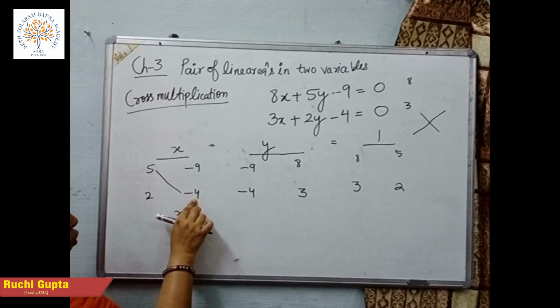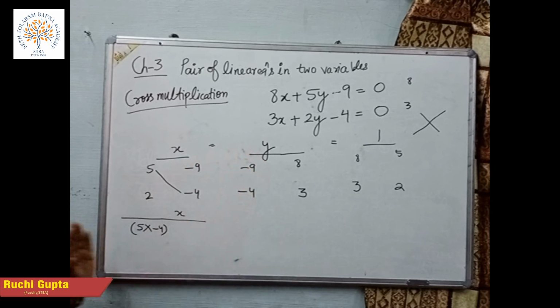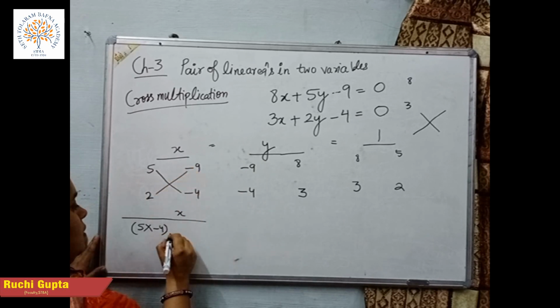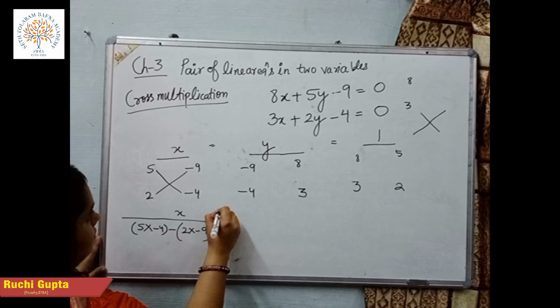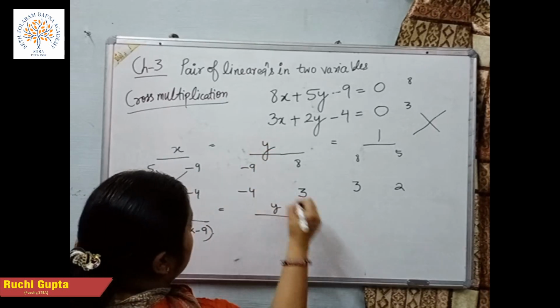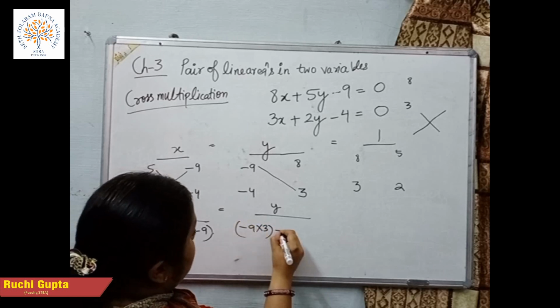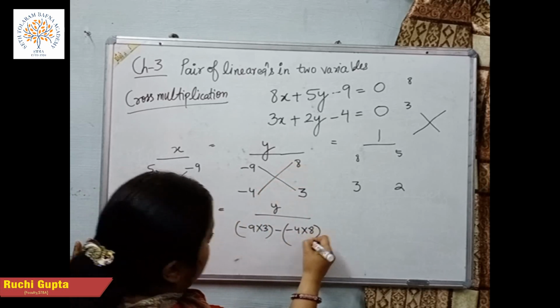So what is 5 into minus 4? I am writing one step again in this question so that this method is clear to you. 5 into minus 4 minus 2 into minus 9. Same here also. Minus 9 into 3 minus 4 into 8.